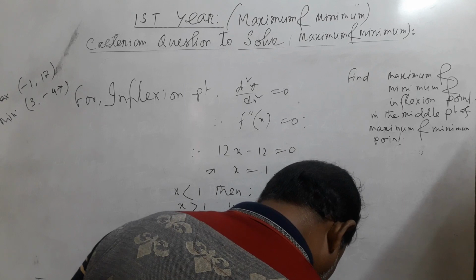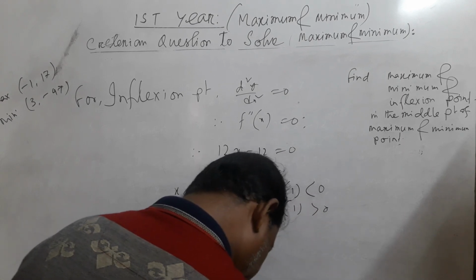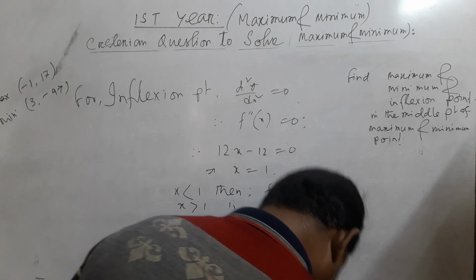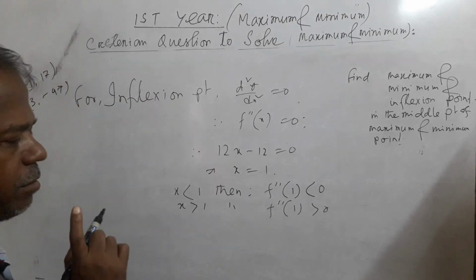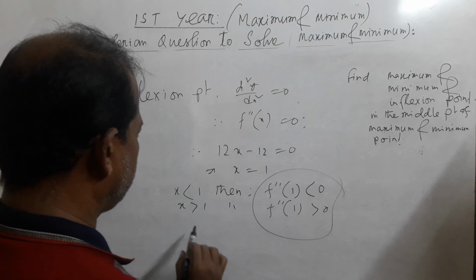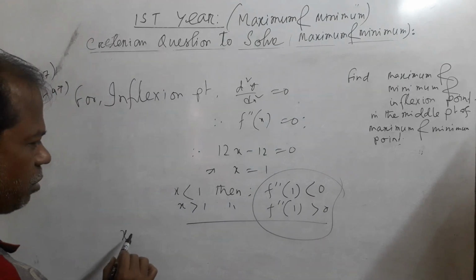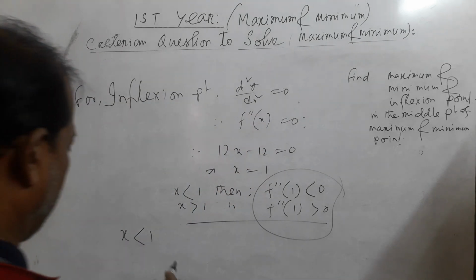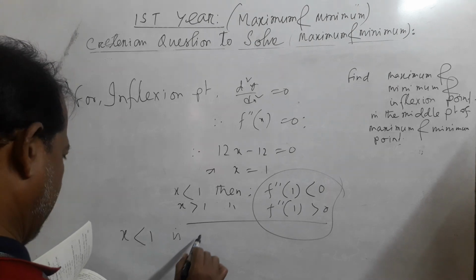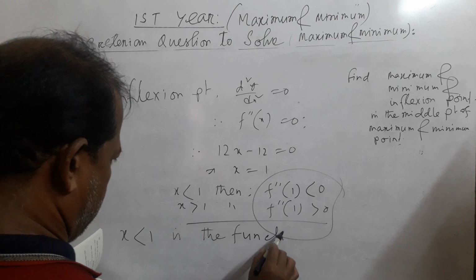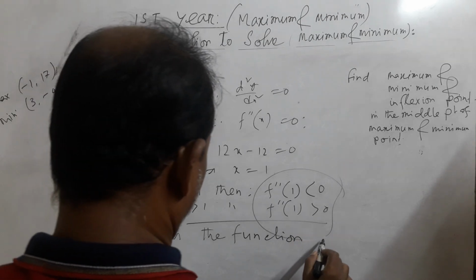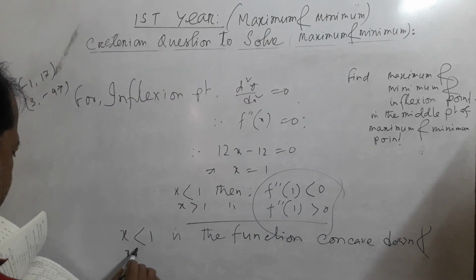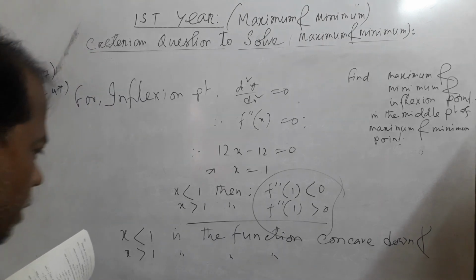So for x less than 1 the function is concave down, and for x greater than 1 the function is concave up.